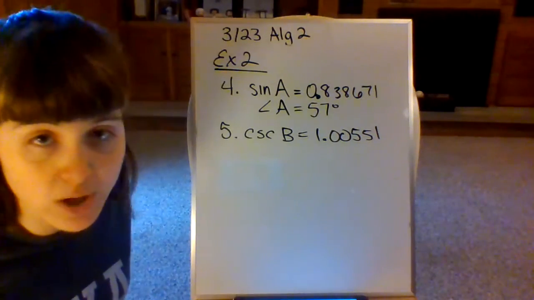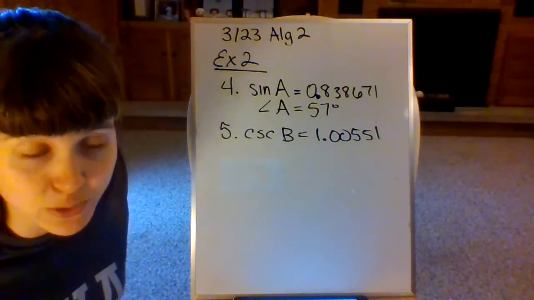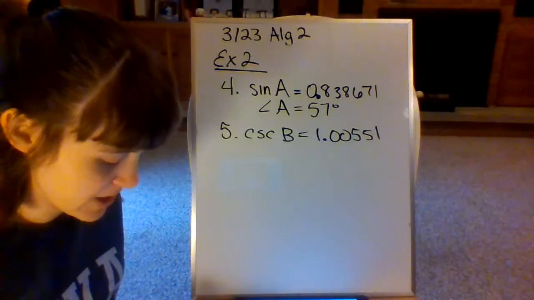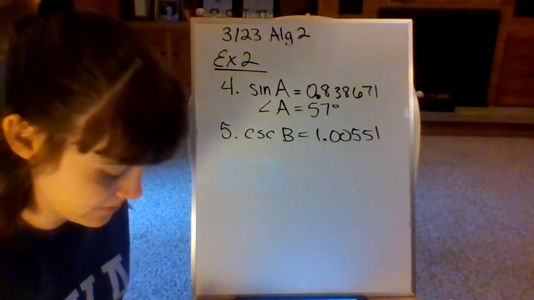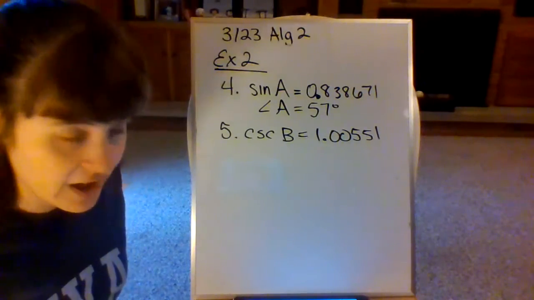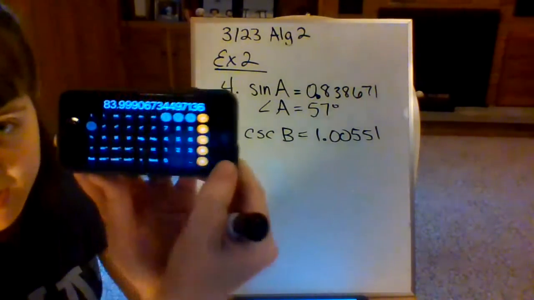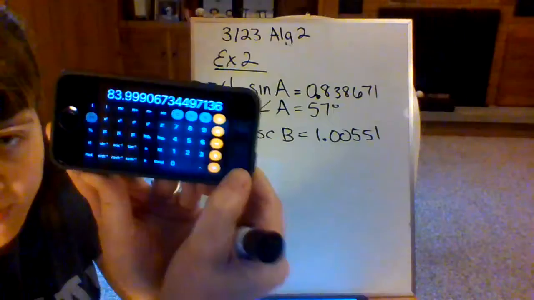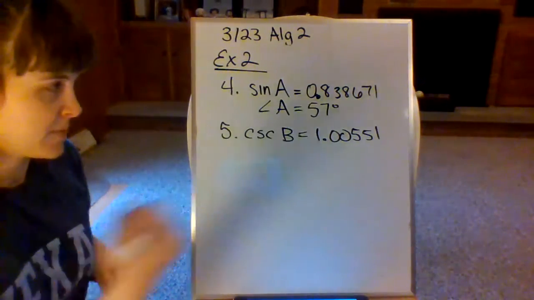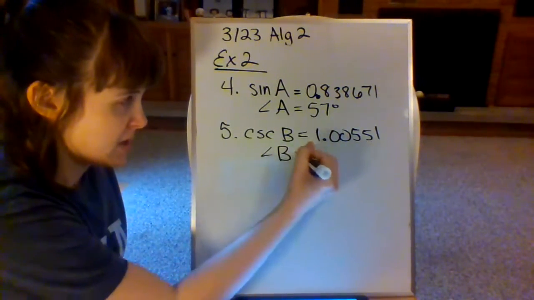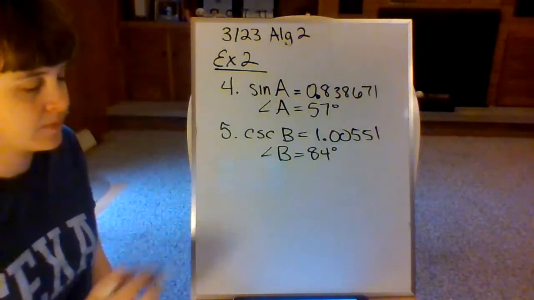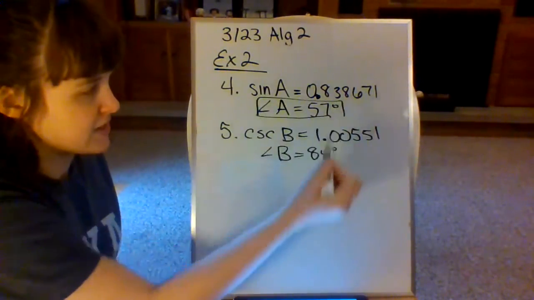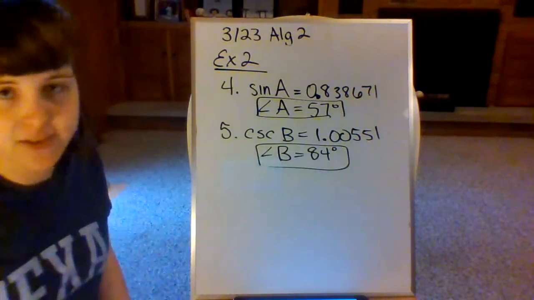Then we're going to press the 1 over x button because it's the reciprocal of sine. So 1 over x, and then we're going to press the sine inverse button. And if you round this to the nearest degree, it should be 84. So angle B equals 84 degrees. Okay, so that's number 4, and this was number 5.